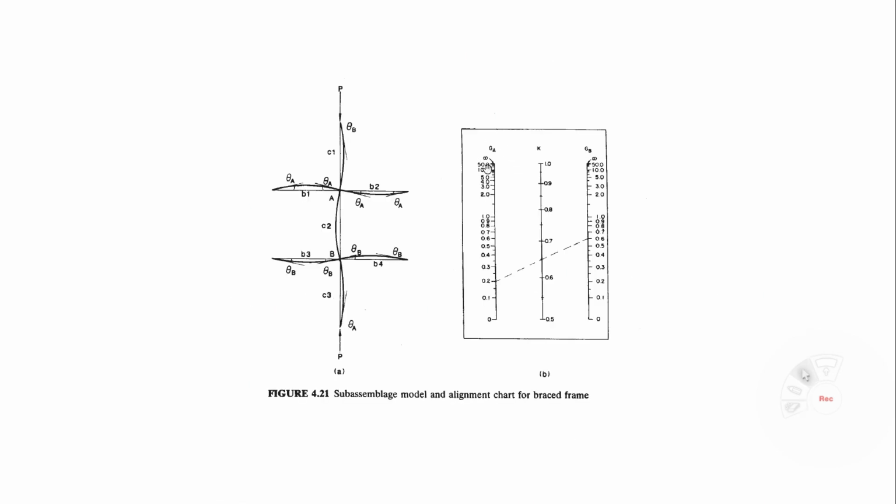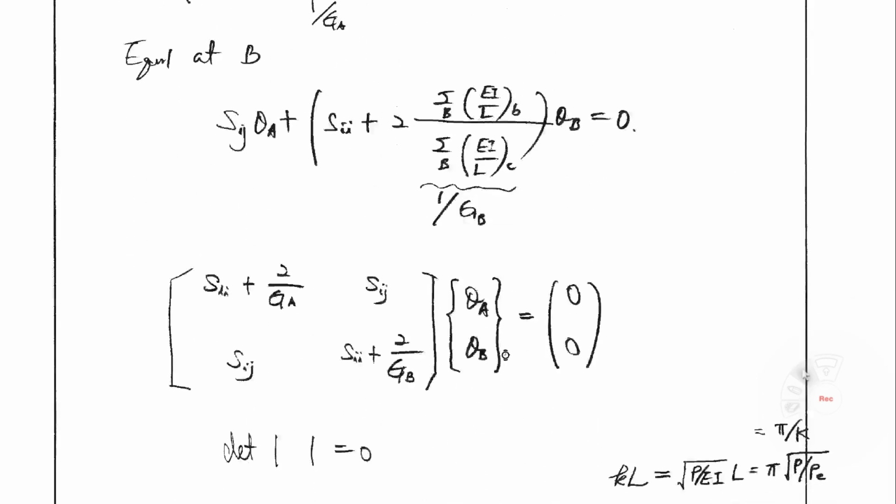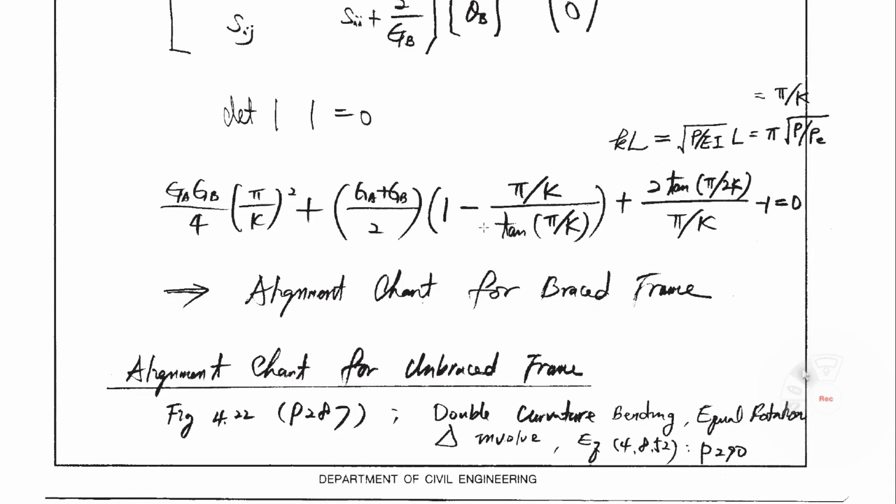You make several data points regarding GA and GB, and then you can draw this alignment chart. From that, you get many results of K and the GA-GB relationship using this equation. Do you understand? That is the alignment chart for braced frame.